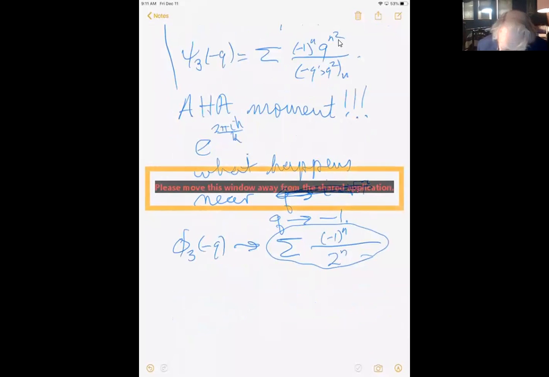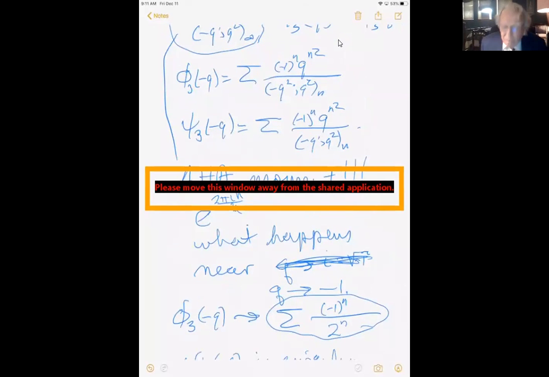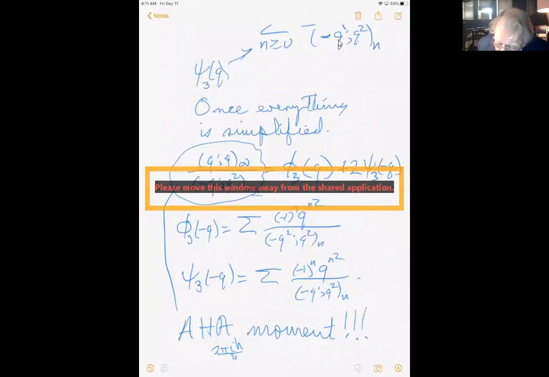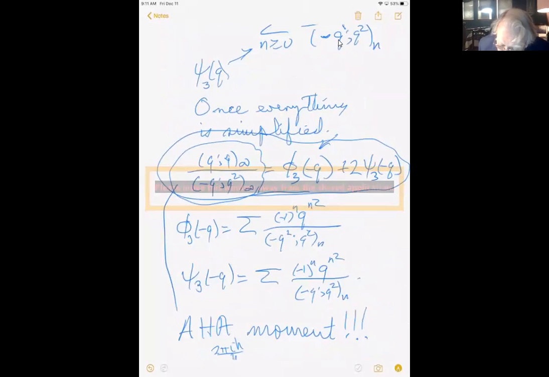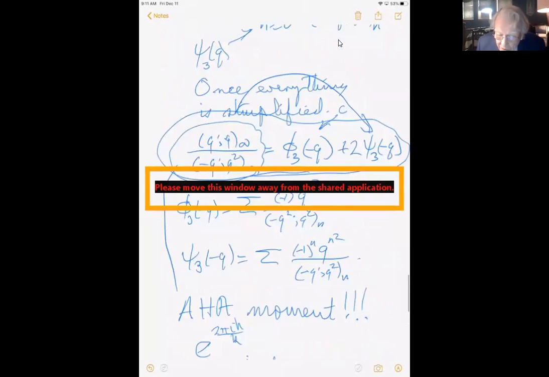Whereas psi 3 is singular, because when you put in -1, every single term in the denominator of each term blows up. And so what is the behavior of this near -1? This is going to a finite value, and this behaves exactly like that. In other words, this particular function behaves exactly like a modular form at this particular root of unity.